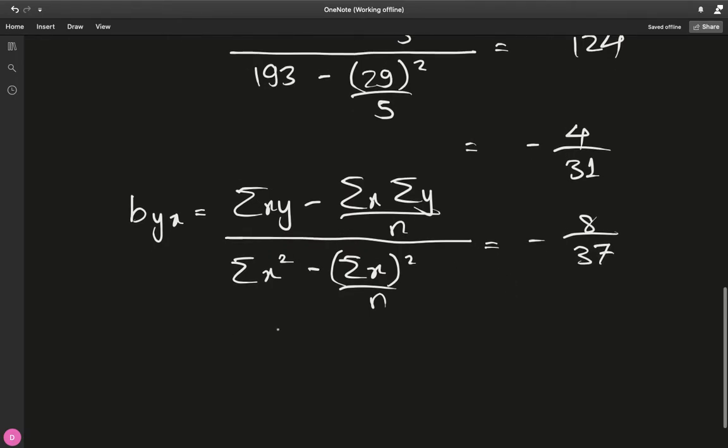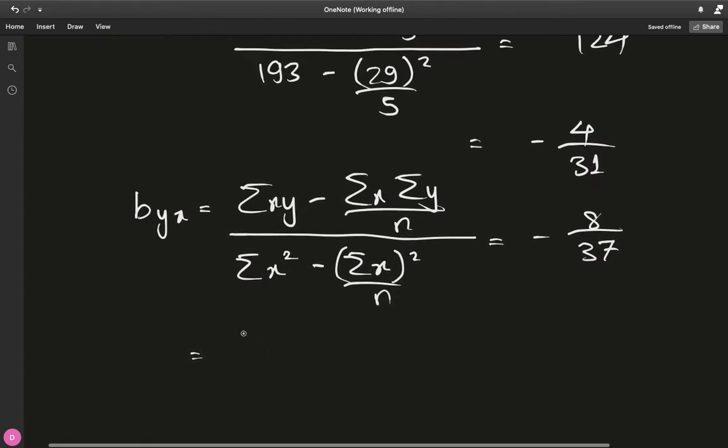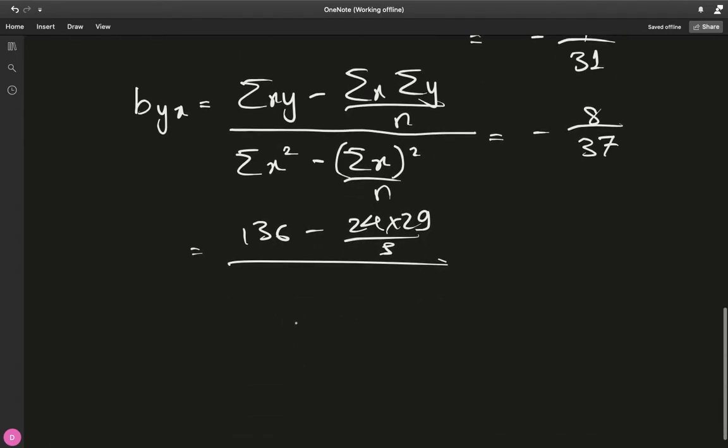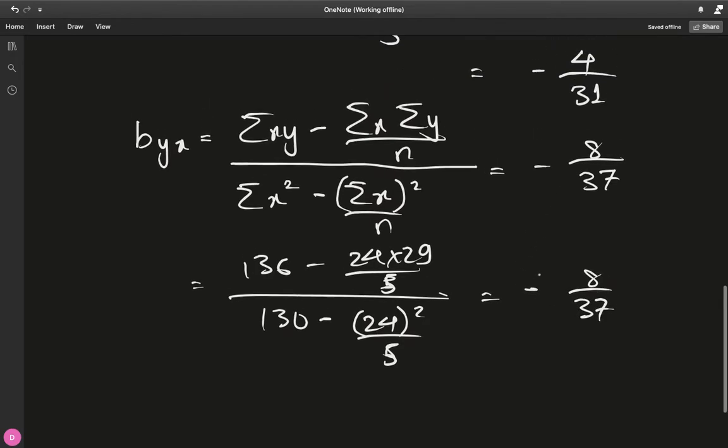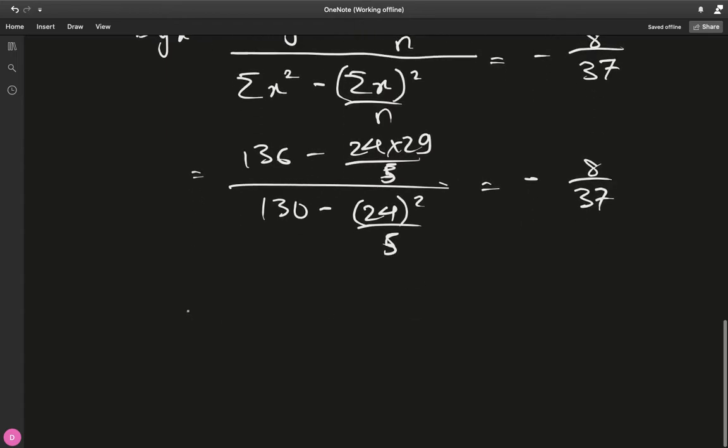I mean, you can plug in, let me plug in if you want. So 136 minus 24 times 29 over 5 over 130 minus 24 square over 5. So as I said, that turned out to be negative 8 over 37. And now keep it as it is.